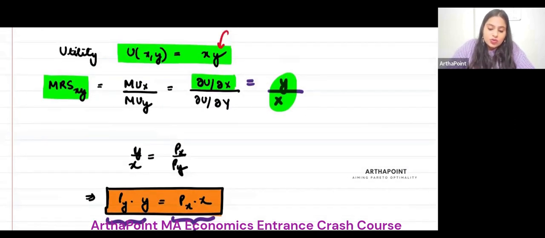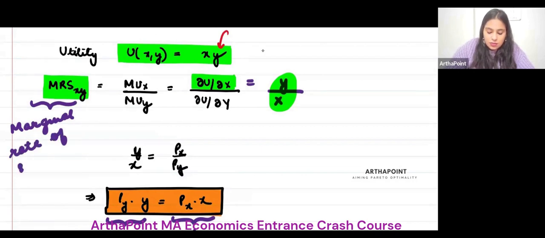Okay. So, Khushbu, MRS is marginal rate of substitution. Marginal rate of substitution is the slope of IC.